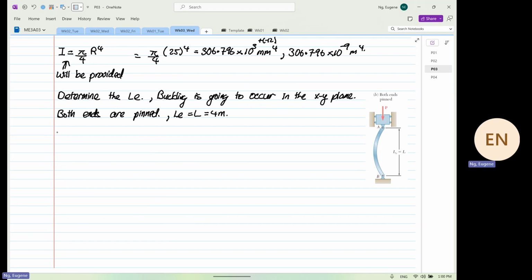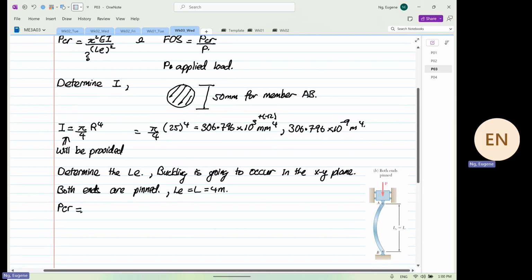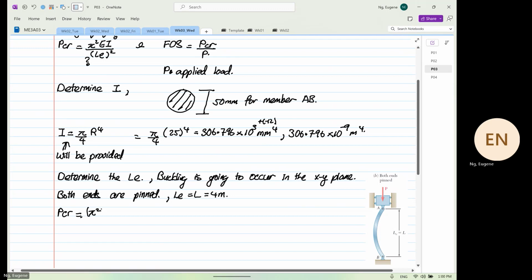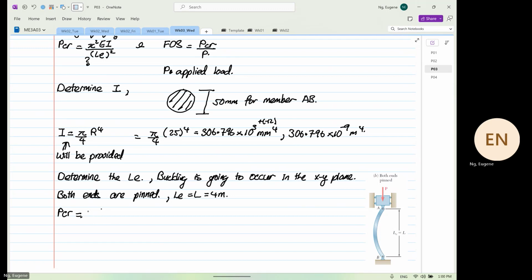So from here, we calculate the critical load. The critical load now is equal to pi squared multiplied by the Young's modulus of 200 times 10 to the power 9, multiplied by I, which we calculated as 306.796 times 10 to the power minus 9, and divide by the equivalent length.